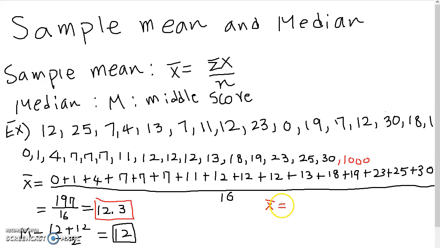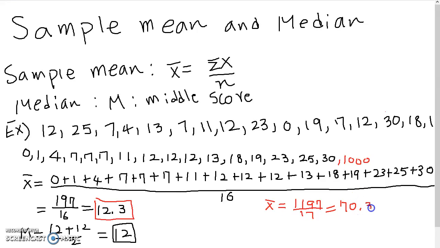You're adding 1000 to 197, so you get 1197 divided by, now dividing by 17. That's going to be very big. Let's divide it by 17 here. So I get about 70.4. That's huge compared to 12.3, isn't it?